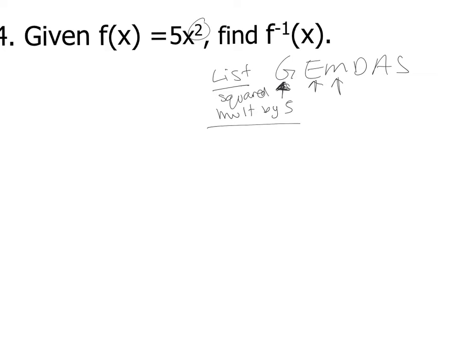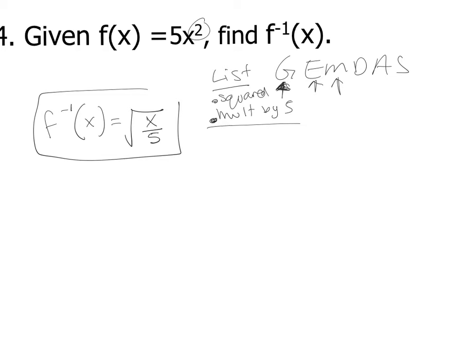So we're going to do the opposite. So f negative 1 of x happens when I do the opposite. I'm going to start with multiply by 5. So the opposite of multiply by 5 would be divide by 5. And then instead of squaring, I'm going to square root. And make sure you square root the entire thing.